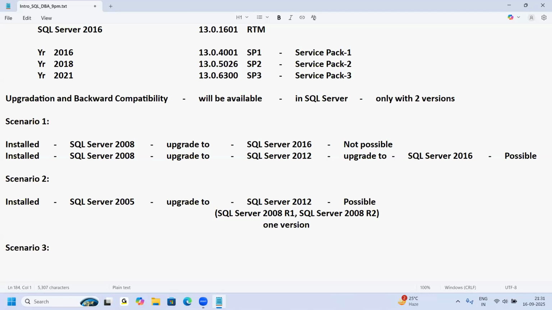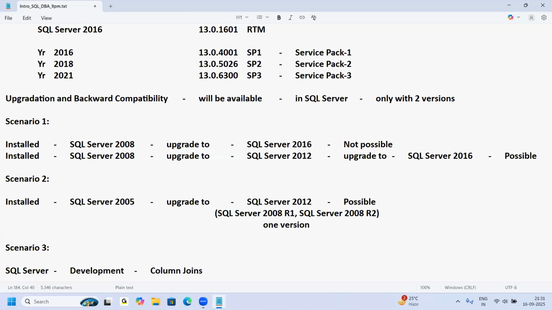Let me give a small scenario, then I'll explain. Let's understand that now. Listen first. The requirement is in SQL Server development, not administration. In SQL Server development, there is one topic called column joins.